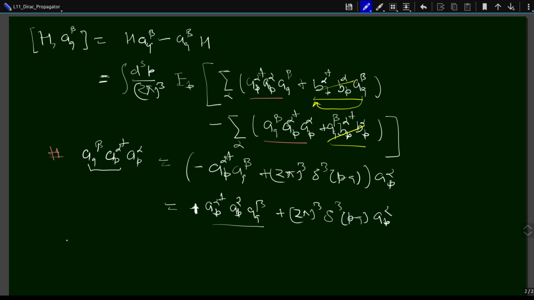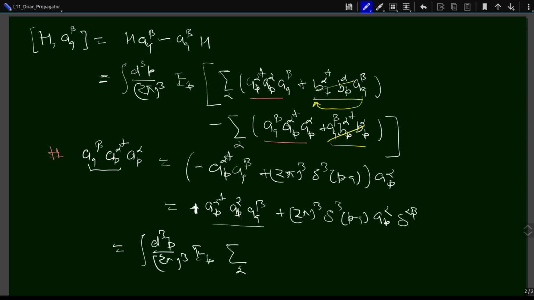So basically this commutator has d^3p by (2 pi)^3 q E_p, and then a sum over alpha. My apology, here delta alpha beta is also there.